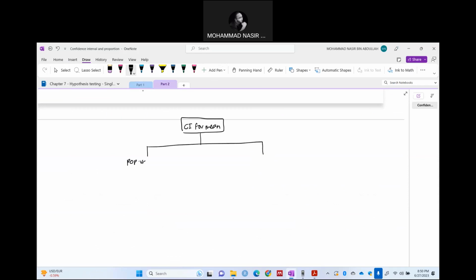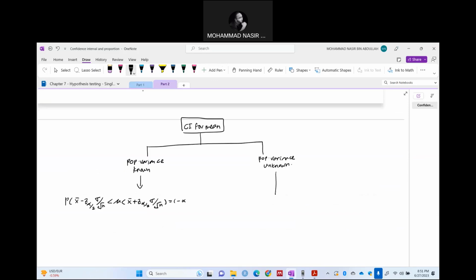Population variance known, population variance unknown. Right. So for population variance known, we will use probability of x bar minus z alpha divided by 2 sigma over square root of n, less than mu, less than x bar plus z alpha divided by 2 sigma over square root of n. This is 1 minus alpha.